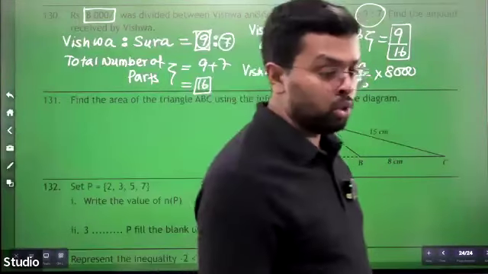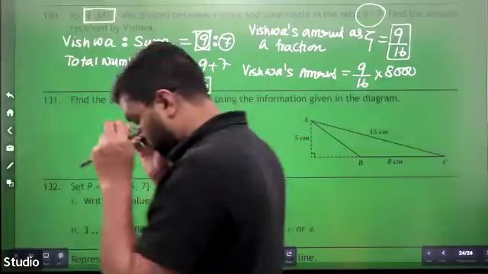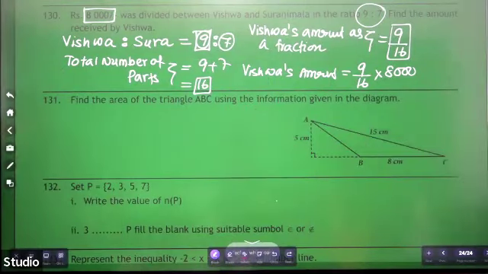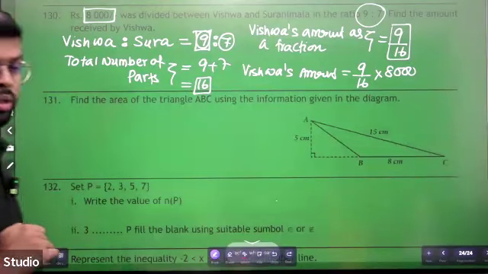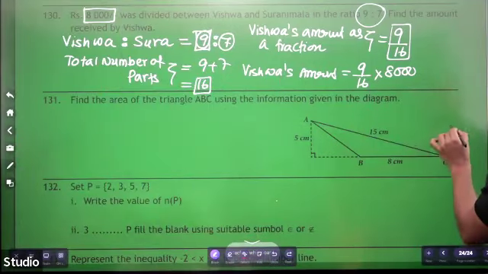Let's divide 8,000 by 16. Let's divide 80 by 16.